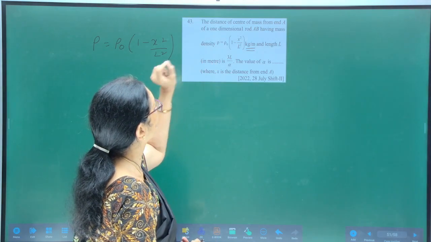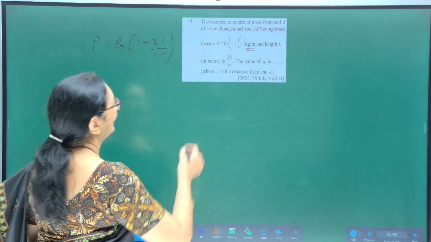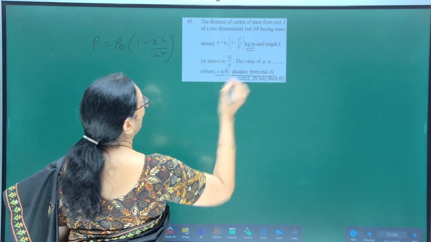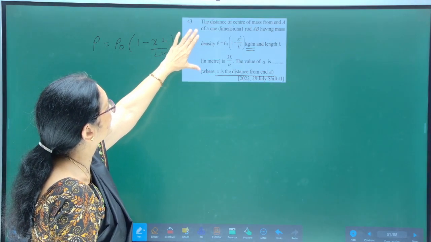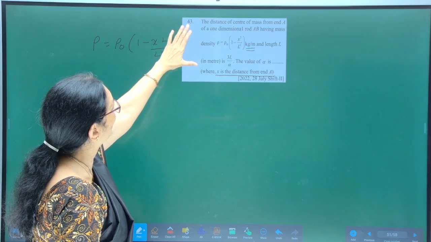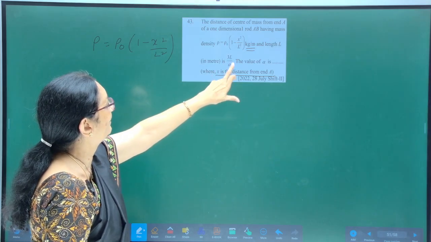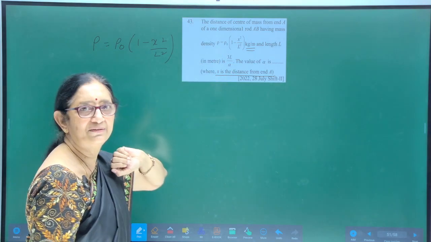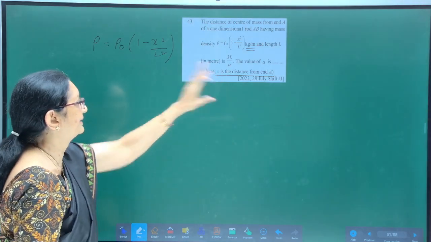The distance of the center of mass of the rod from one end is x, given by 3L by alpha. You are supposed to find alpha.